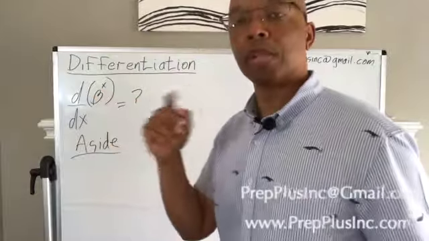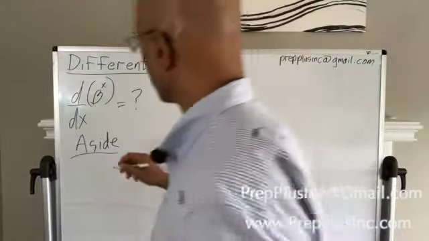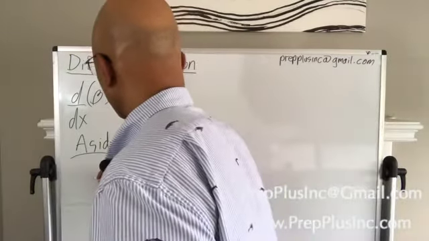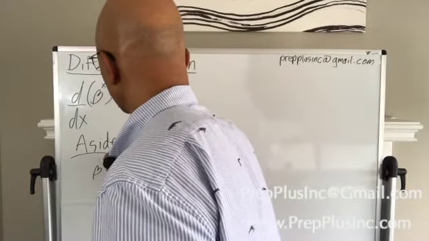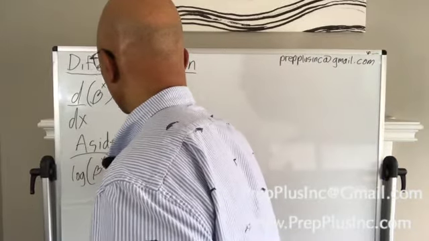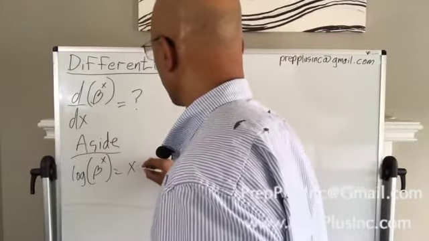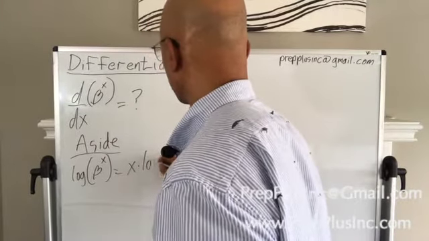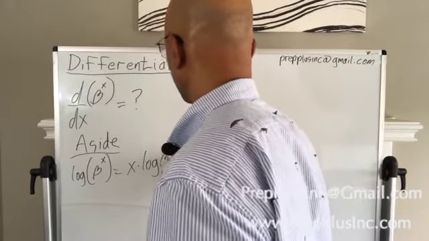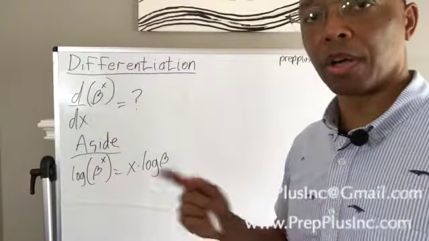From the rules of logarithms and exponents, beta to the x, the logarithm of that is x times log of beta. That's just from the rules of logarithms.